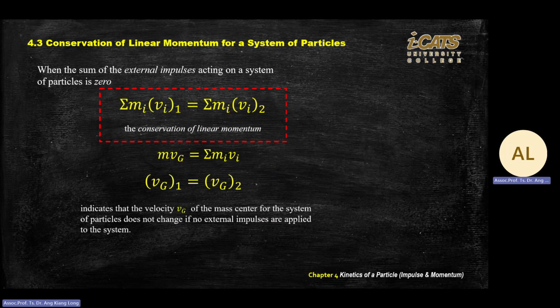Okay. So it just means that velocity of the center of mass, right, will be the same, does not change if no external impulse is applied, because we take away the linear impulse, right? So if no change of external impulse, then the center of gravity velocity will be the same.